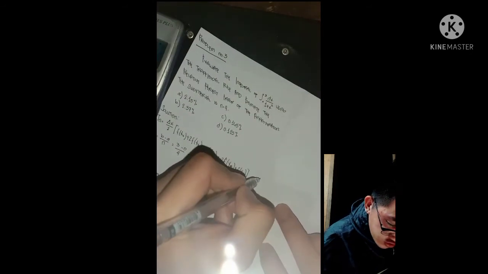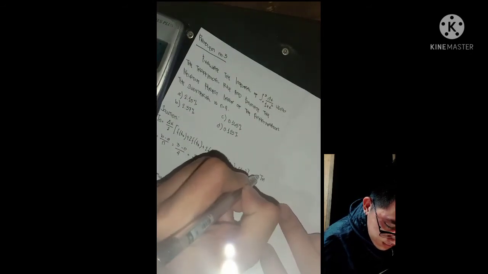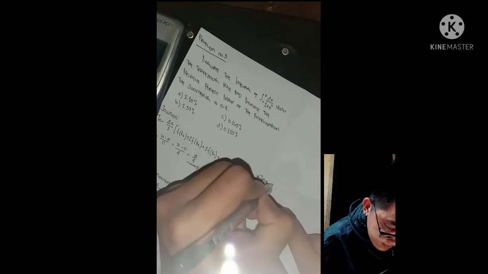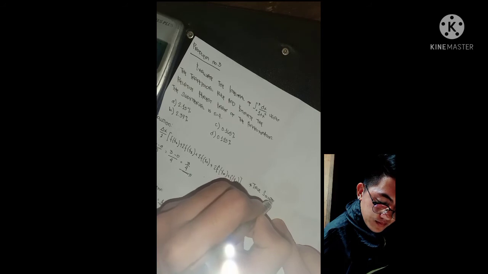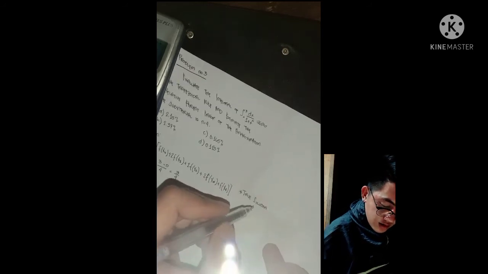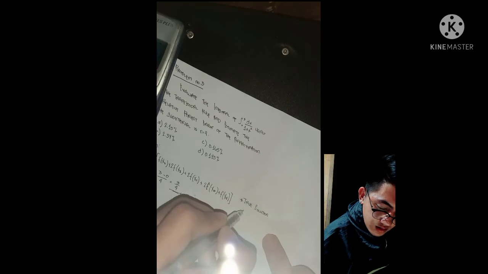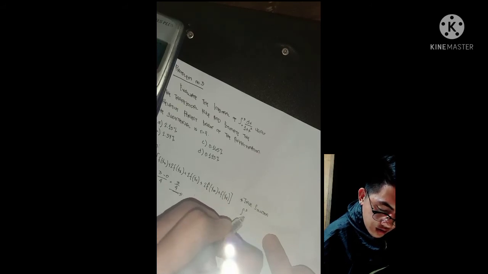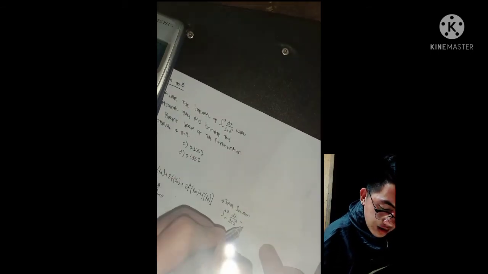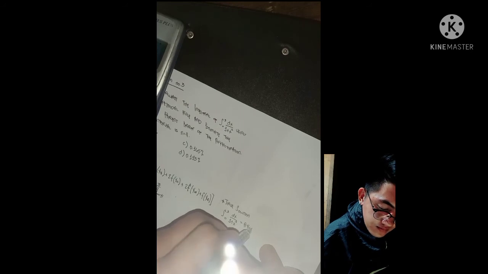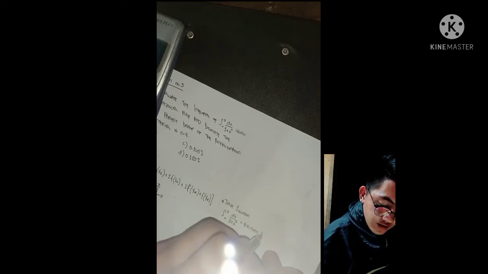So in our true solution, is the limit integration of 0 to root 3 dx over 1 plus x squared, which is equal to arctan of x.